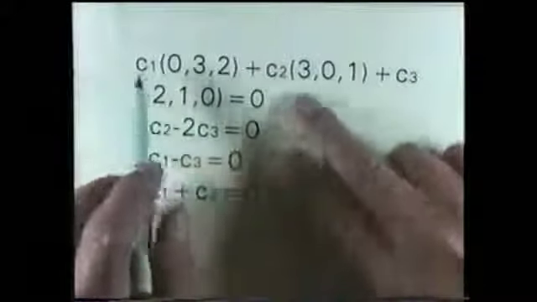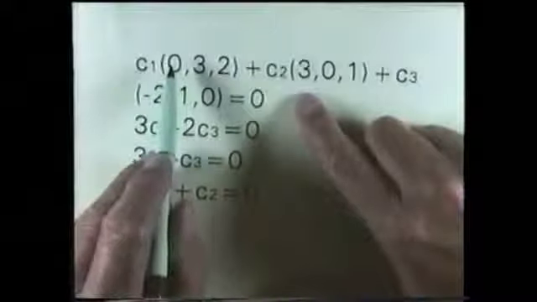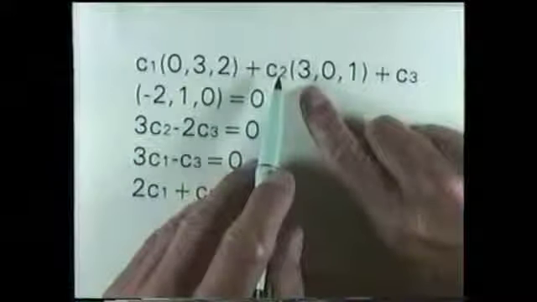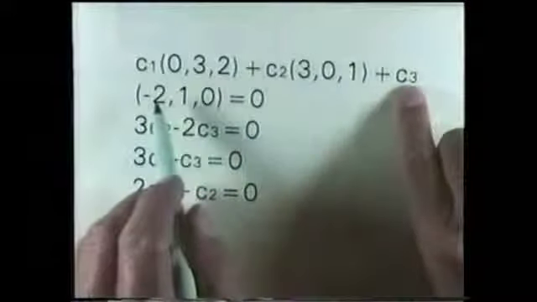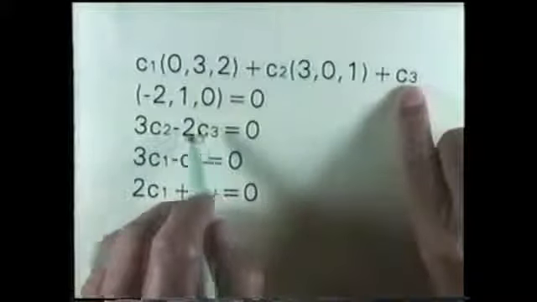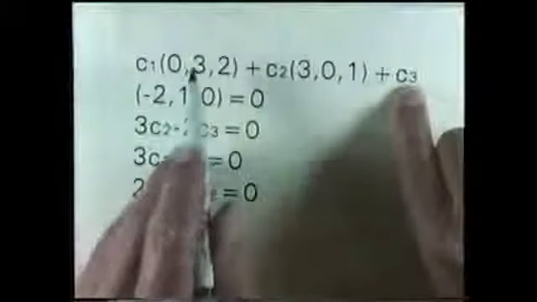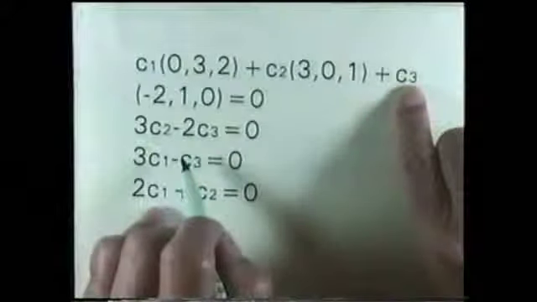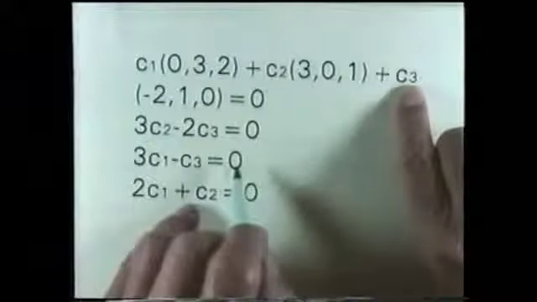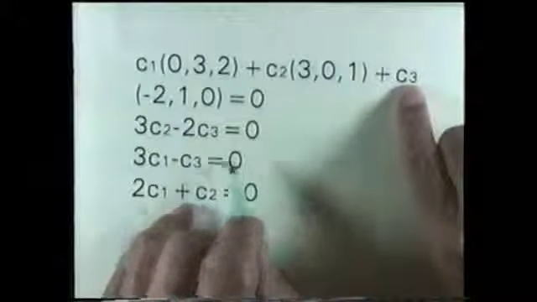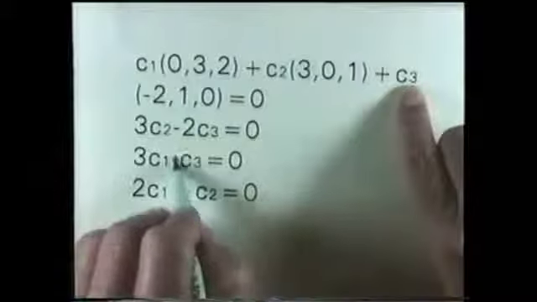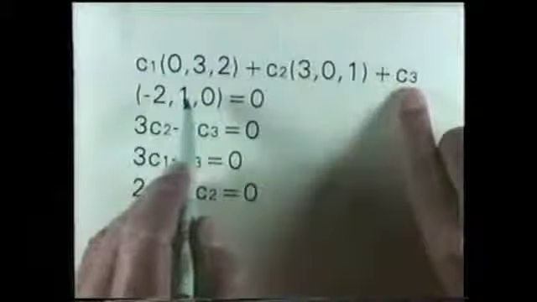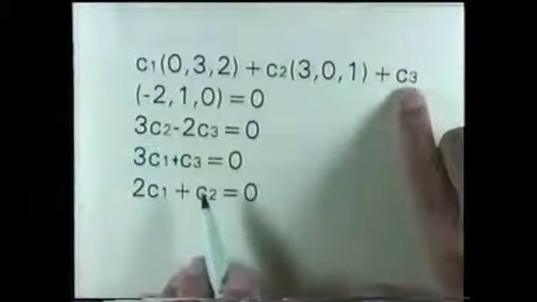Well, if we go through and find our equations, that would be 0C1 plus 3C2 minus 2C3 is equal to 0. This would be 3C1 plus 0C2 plus C3 is equal to 0.